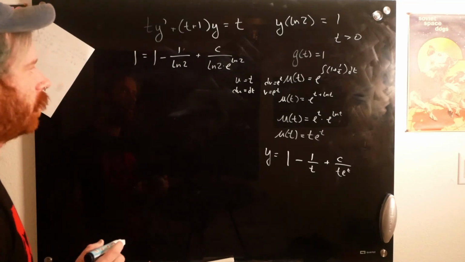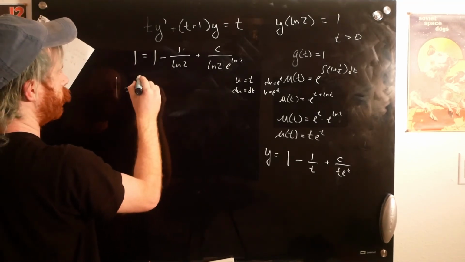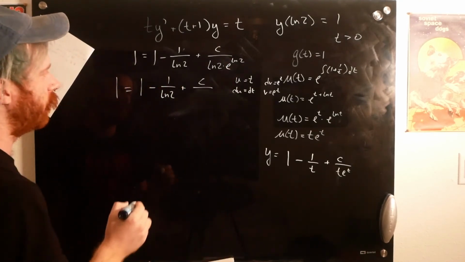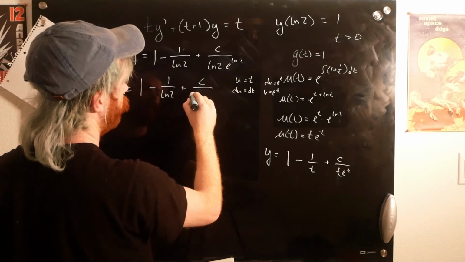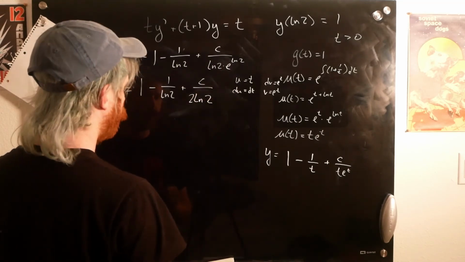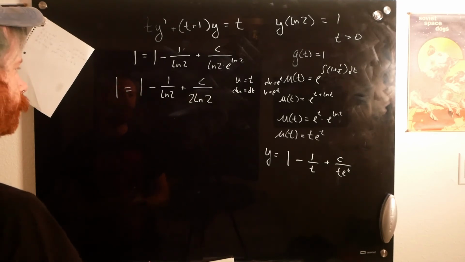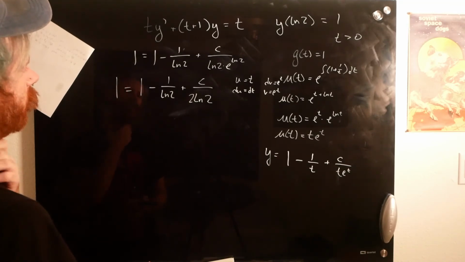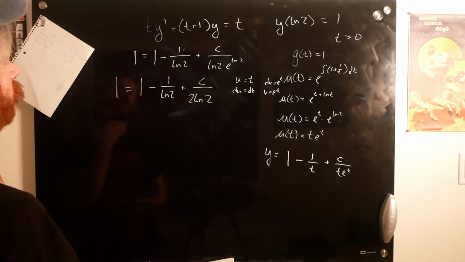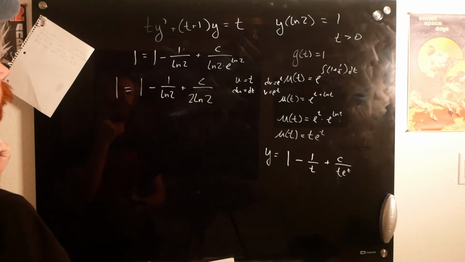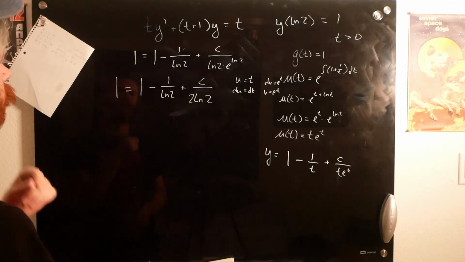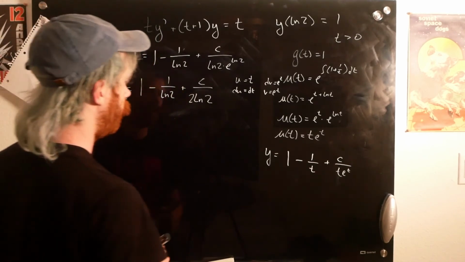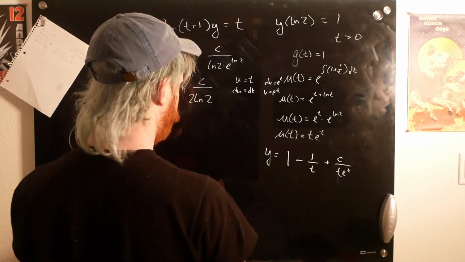Okay, so now what we can do is we can say 1 equals 1 minus 1 over natural log of 2, and then plus c, e to the natural log of 2 is just 2. So this is going to be 2 natural log of 2. So if we have 2 natural log of 2, this is going to be a natural log of 4, 2 squared.